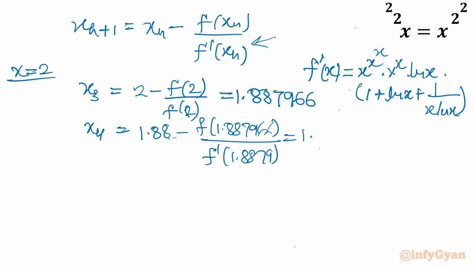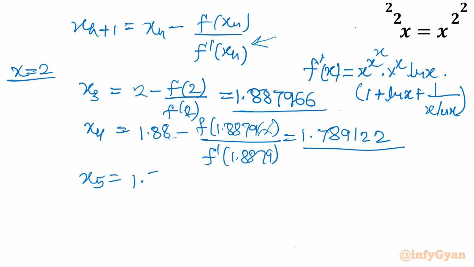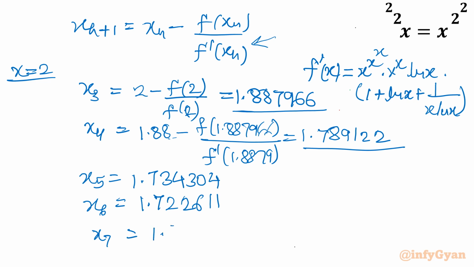If you check, this value is coming out 1.789122 after the second iteration. Next iteration, you will have the value 1.734304. Next iteration, we are coming closer to a stabilized constant value. And in the last iteration, we have our answer, 1.722192. So approximately, I can write 1.722.